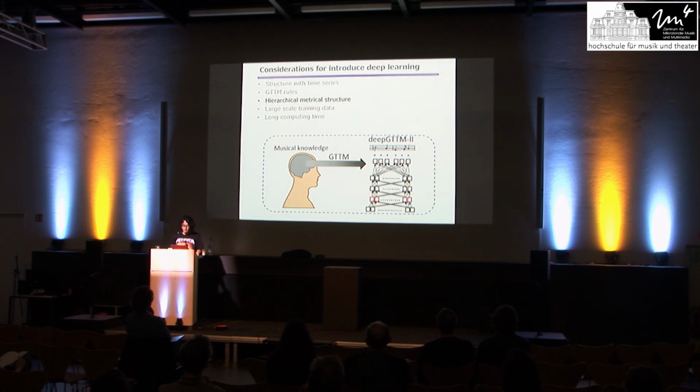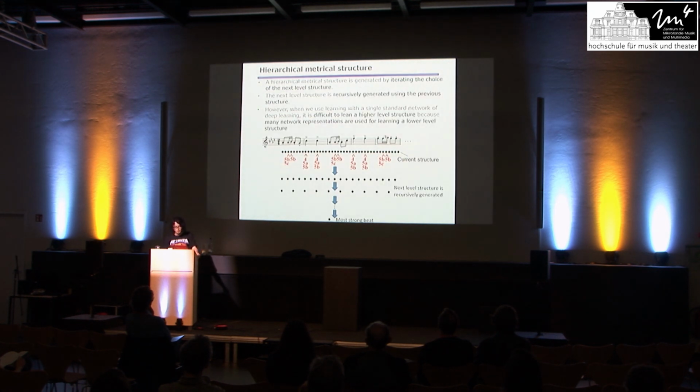The third point is hierarchical metrical structure. A hierarchical metrical structure is generated by iterating the choice of the next level structure. The next level structure is recursively generated using the previous structure.